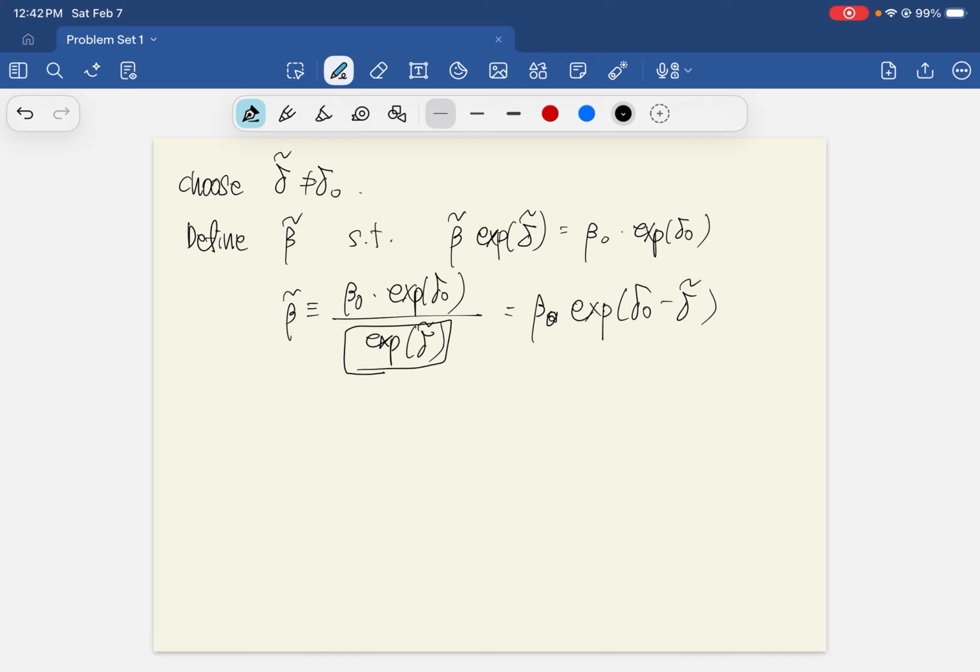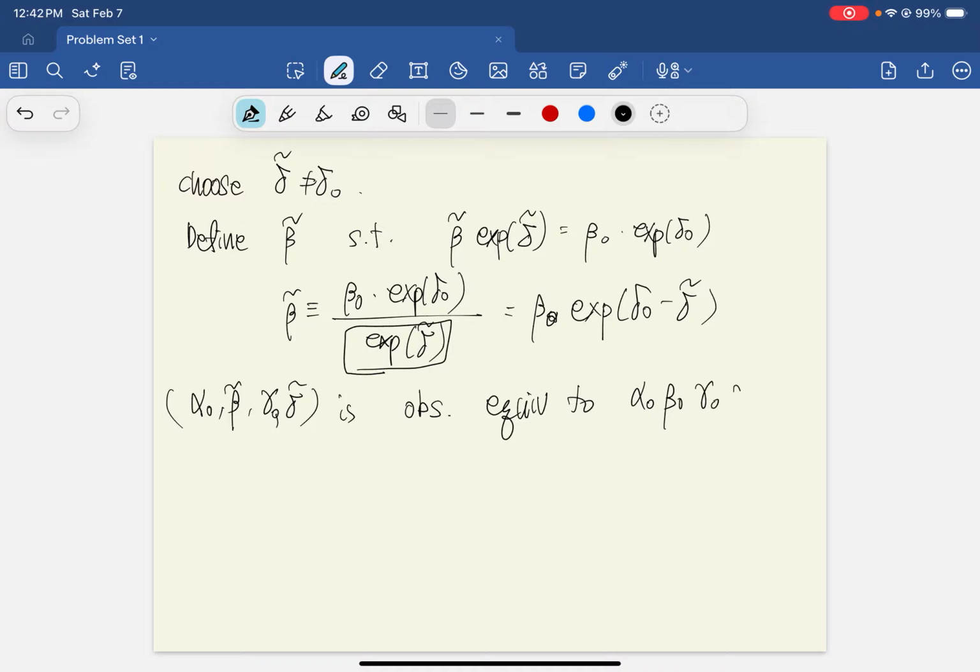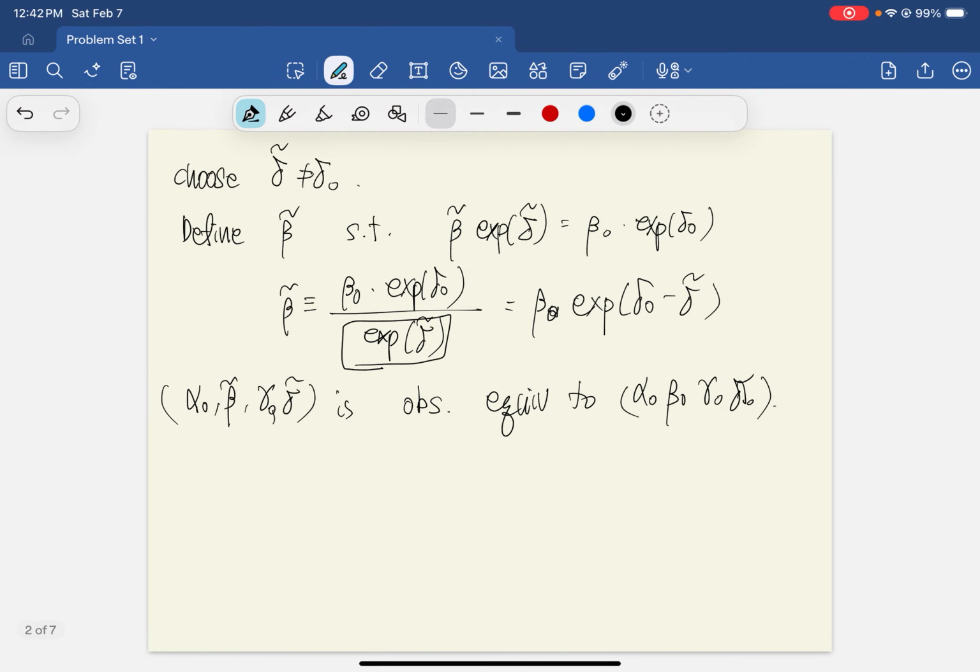So then I can show that alpha 0, beta tilde, gamma 0, delta tilde is observationally equivalent to the true value. Okay, how can you do that? Y is alpha 0, rewrite the same thing, beta 0.